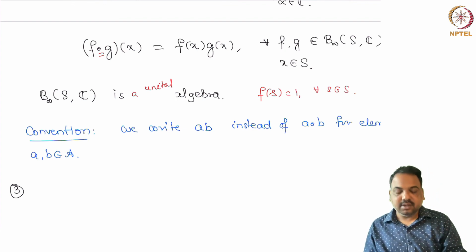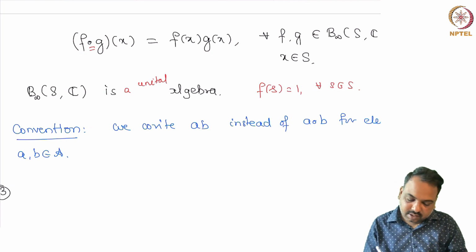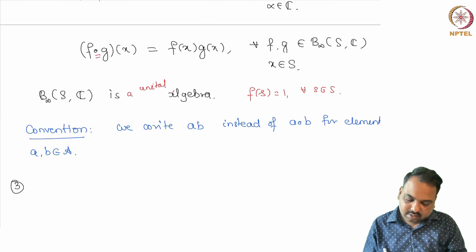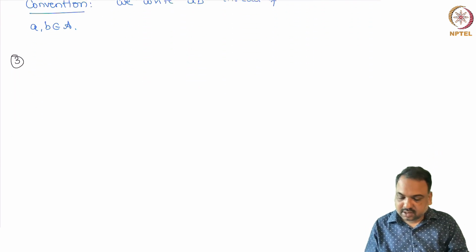Hence, it is a unital algebra. In fact, we can show that this is also commutative. This is a unital commutative algebra.